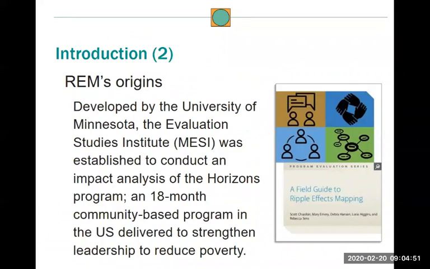So where did REM start? It was first used between 2007 and 2009 by researchers from the University of Minnesota in the United States. And it was used to conduct an impact analysis of something called the Horizons program, which was an 18-month community-based program delivered to strengthen leadership to reduce poverty in the US. The method was piloted in 3 US states to illustrate outcomes of the program over time.